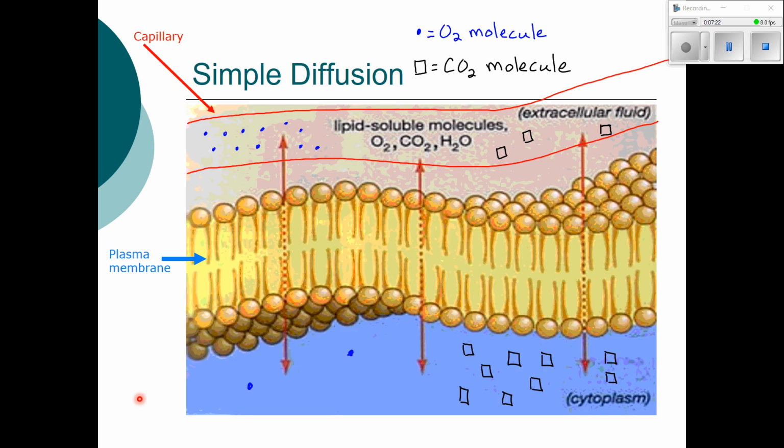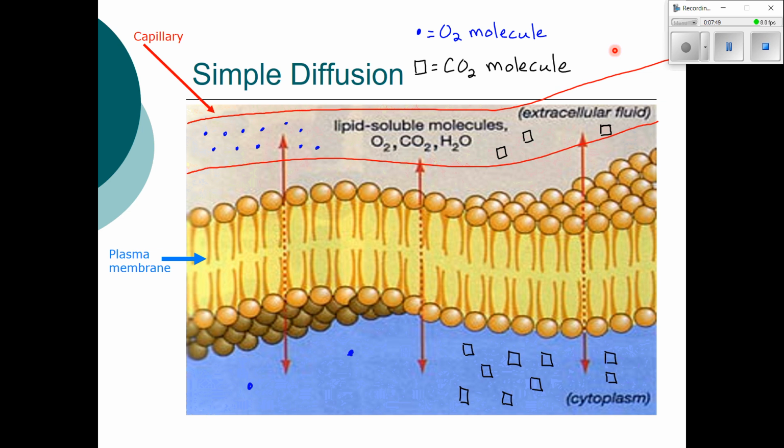Okay, so when it comes to how living cells are affected by this diffusion process, the easiest mechanism to understand is what is known as simple diffusion. So I want you to imagine a cell in your body. It could be any cell in your body, kidney cell, liver cell.